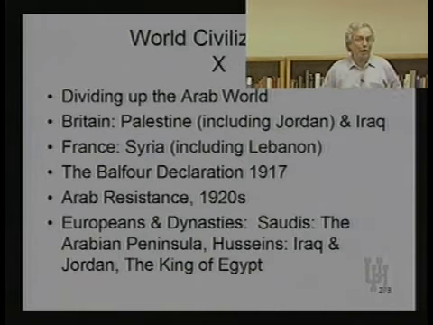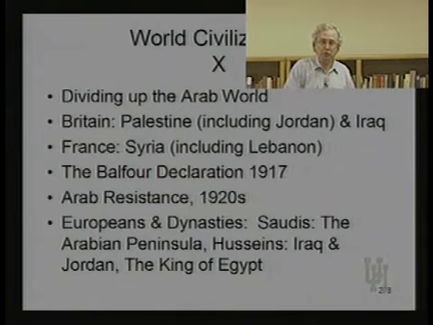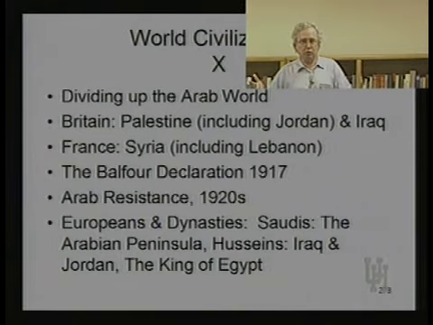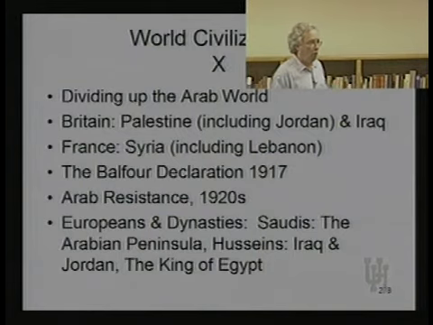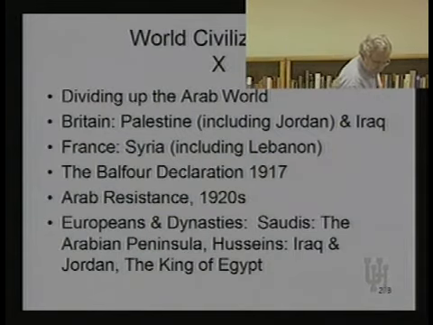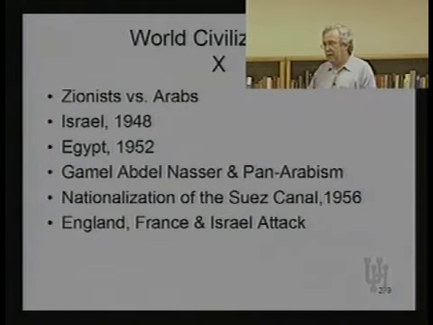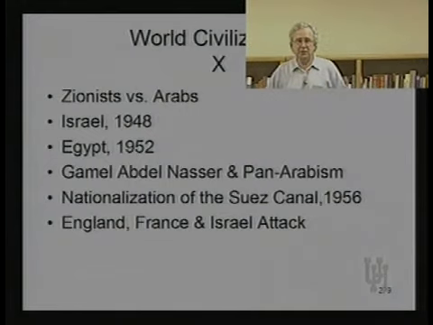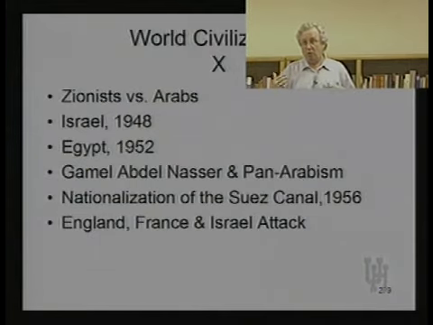This didn't do a lot, actually, to quell unrest. And there is continuing pressure from nationalists and from even the new dynasties themselves for full independence. By the late 1940s, most of these states have achieved independence from the Europeans.